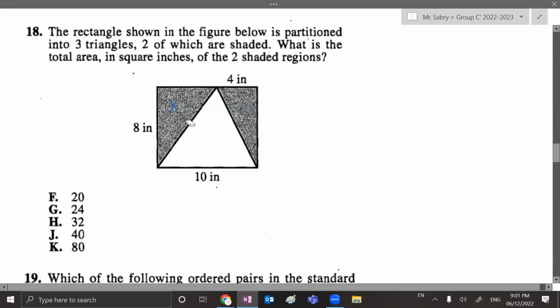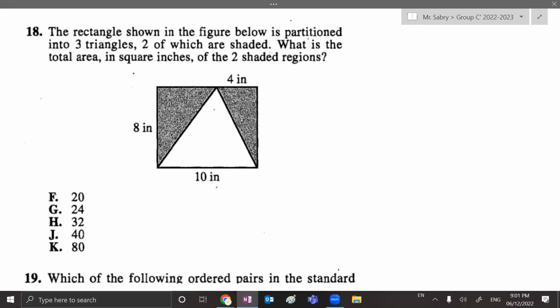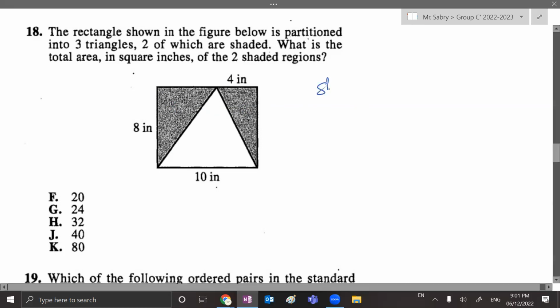And there's another way, which is to get the area of the big shape, this whole rectangle, and subtract the white part. This will give me the shaded region. Whenever there is a shaded region, I always think we should do a big shape minus the not shaded shape. That would give me the shaded.